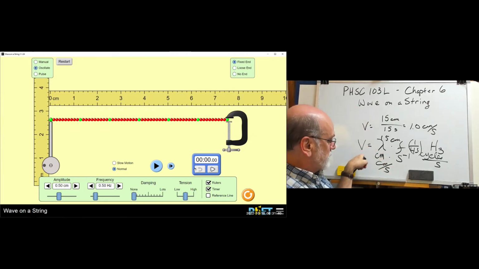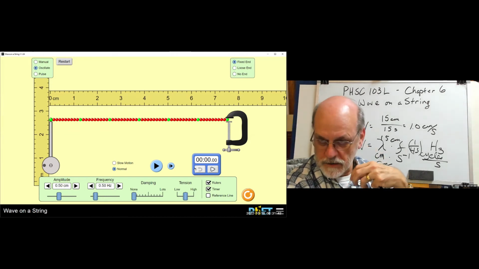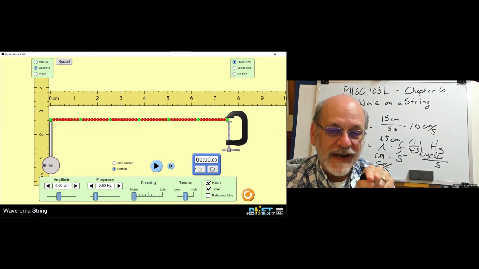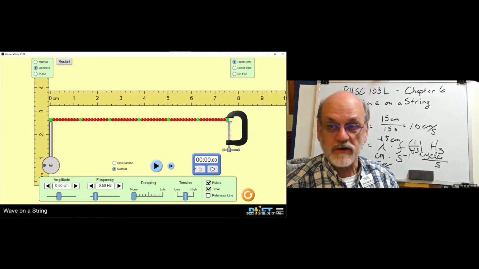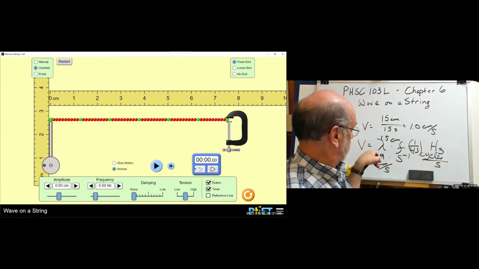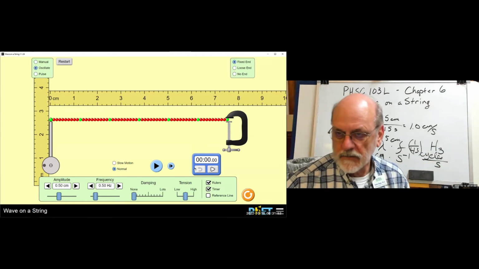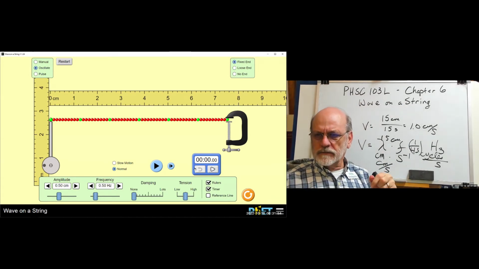This is a constant for our particular string under that tension. If you have a different string under different tension, then that value will be different, right? That's how guitars work, right?